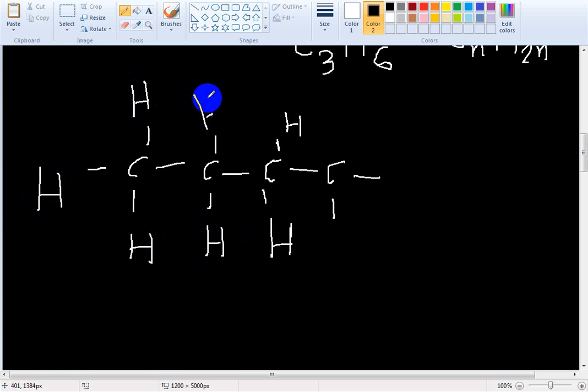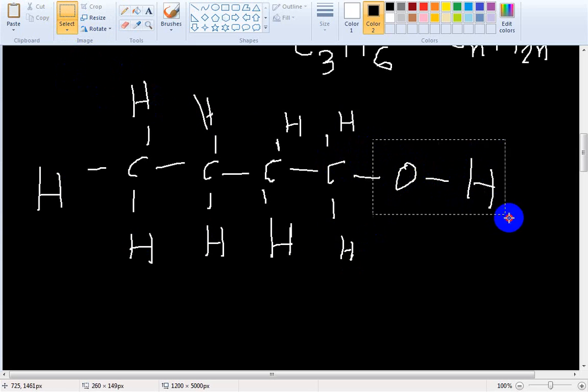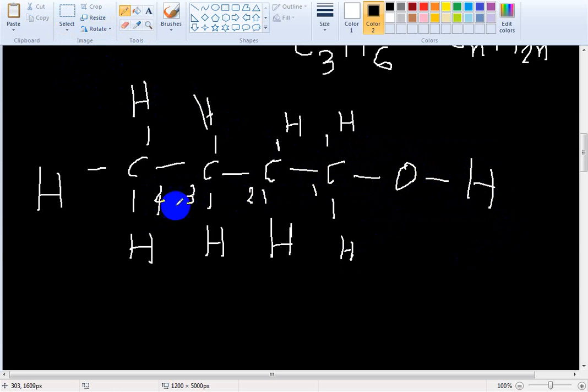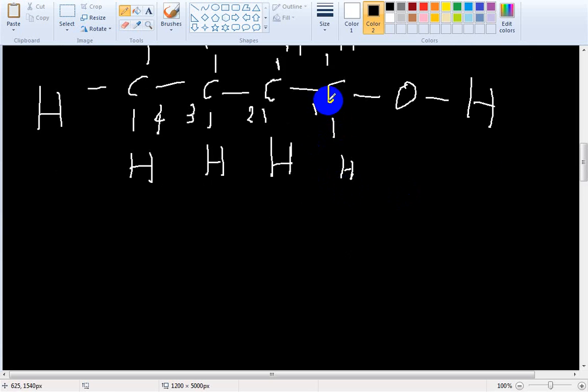Okay, look, here the hydroxyl group is on the first carbon. This is carbon number 1, carbon number 2, carbon number 3, carbon number 4. This hydroxyl group is with carbon 1. So how many carbon? 1 2 3 4 carbon, so but.